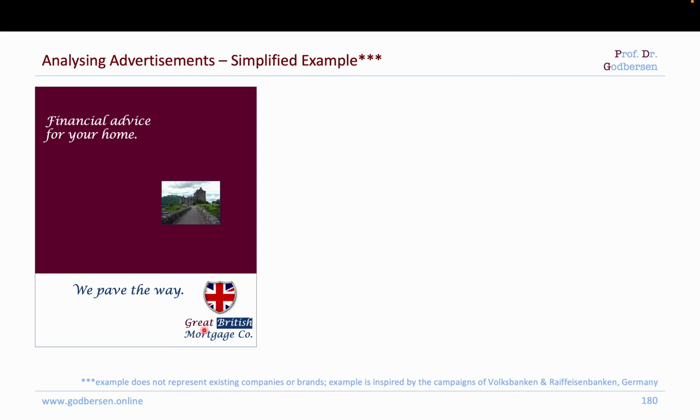So they have their label here. First, we determine the path of perception and the elements of the advertisement. I just said, you go in top left, then you have financial advice for your home. You come to the image, the slogan, and you label the branding, and you're out.